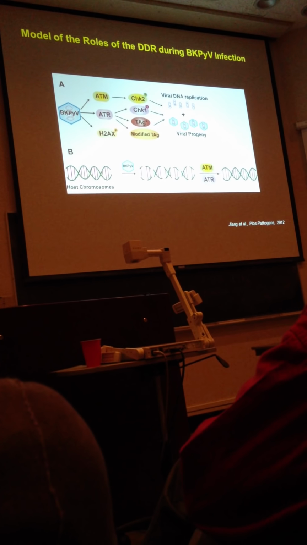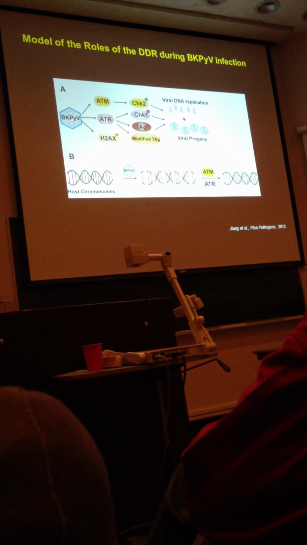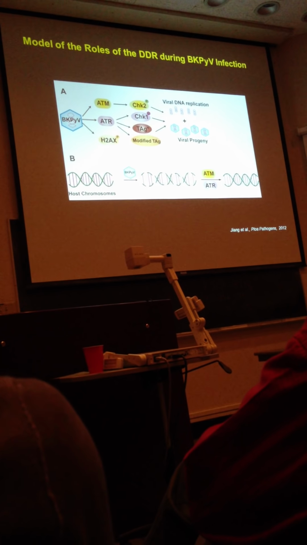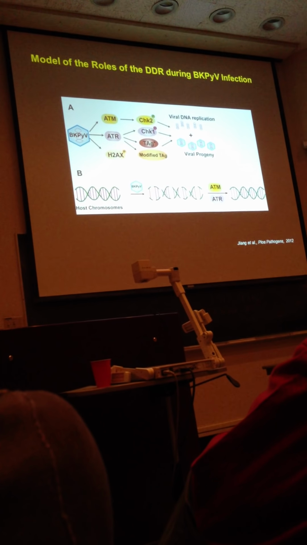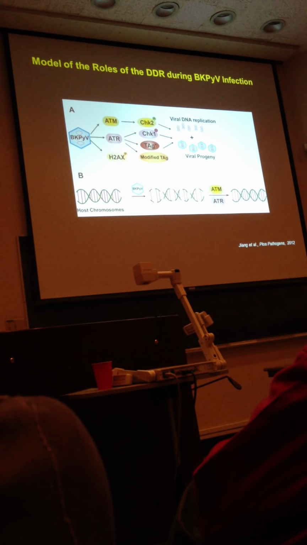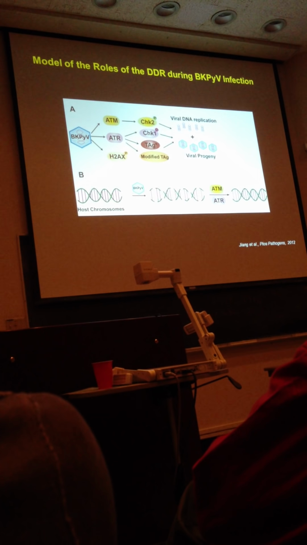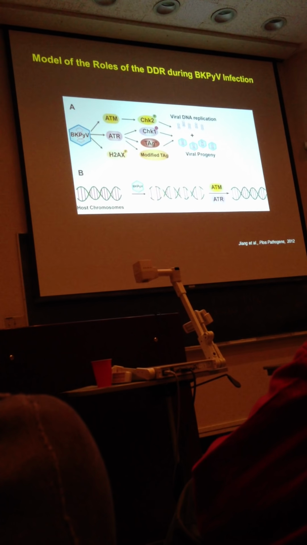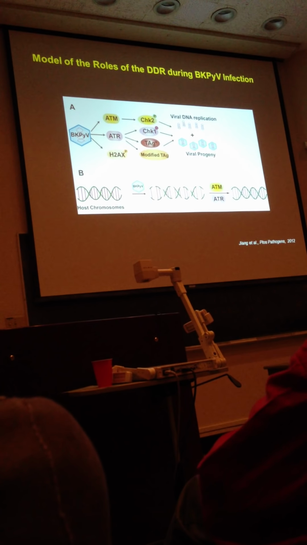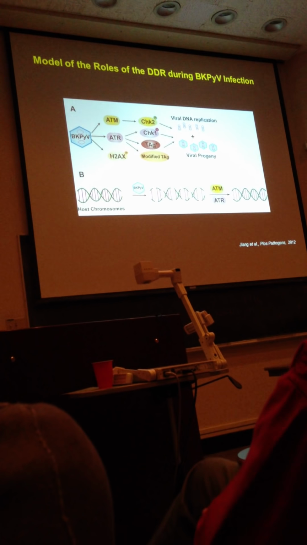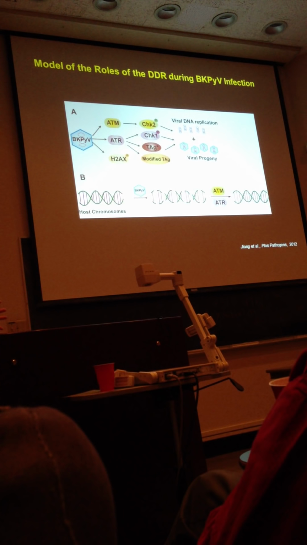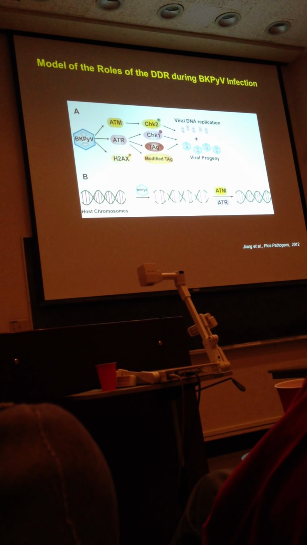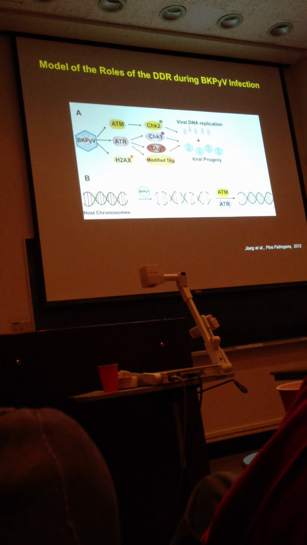And that will create an optimal condition for both the viral DNA replication and also the viral progeny production. But the second part of this story is that we think the virus is able to induce severe damage on the host chromosomes. But normally, because you have ATM or ATR present, this damage is quickly repaired. However, when we knock down those ATM or ATR kinases, that's when you see the severe damage that is caused by this virus.